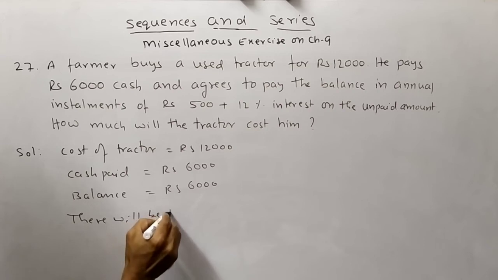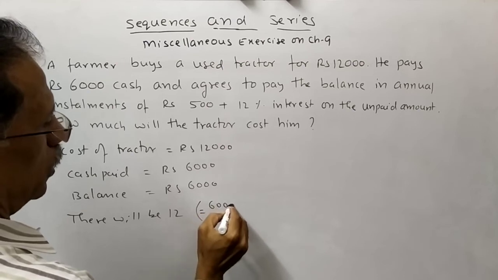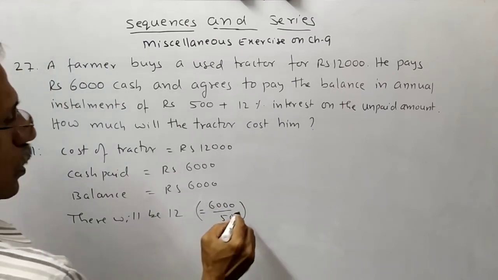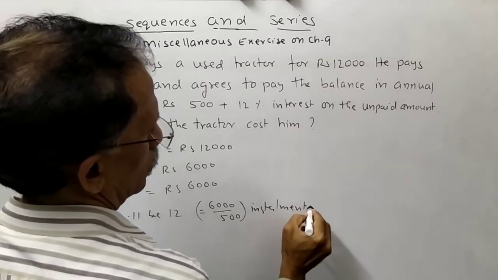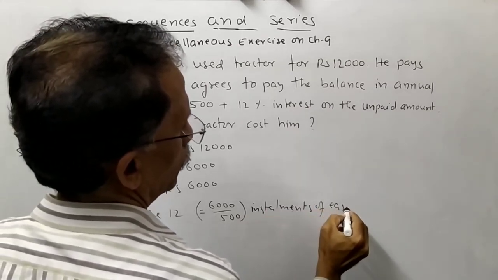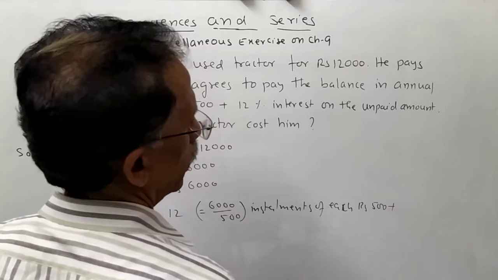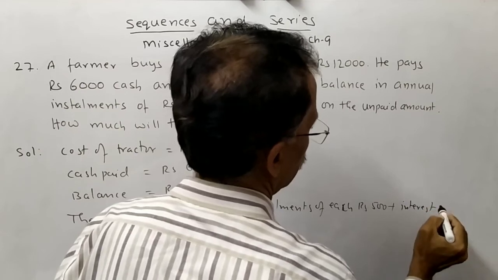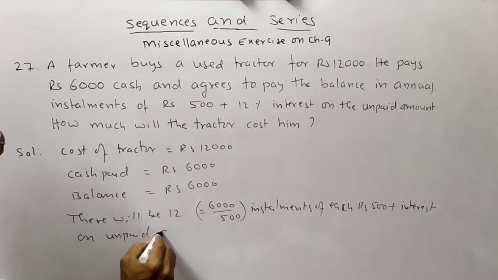There will be 12, that is 6,000 divided by 500, installments of each rupees 500 plus interest on unpaid amount.